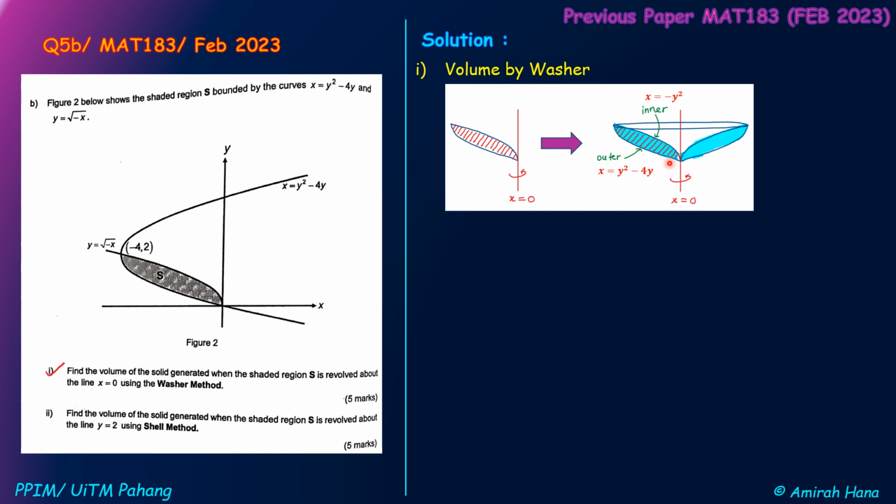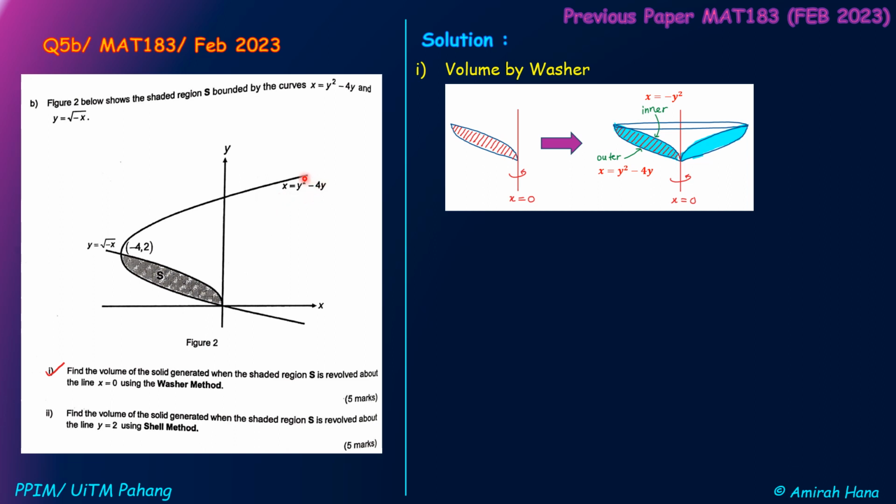So, when we use the washer method, if we rotate vertically it means we want variable y. So, if the variable is y, we need to write x as the subject. Here, we are given x as the subject. So, we have x equals y squared minus 4y.